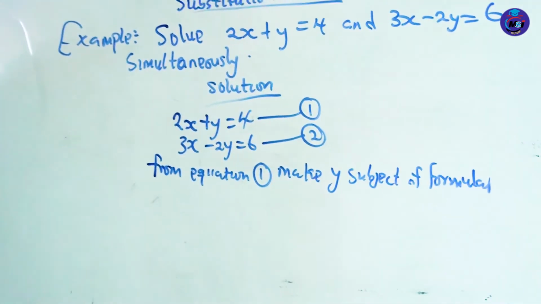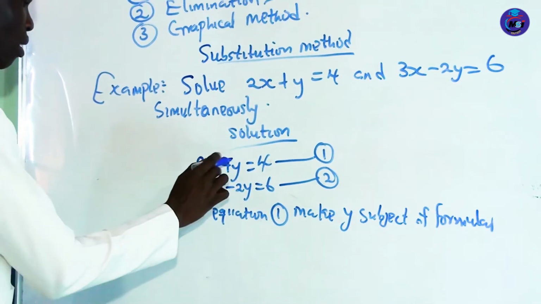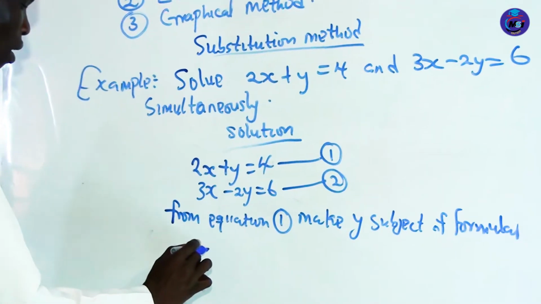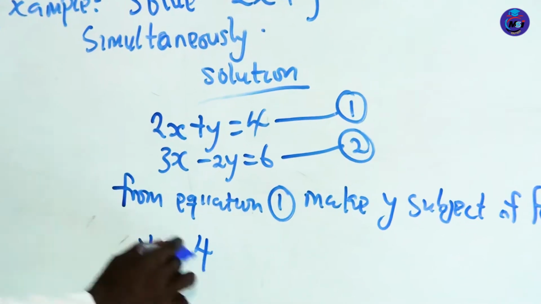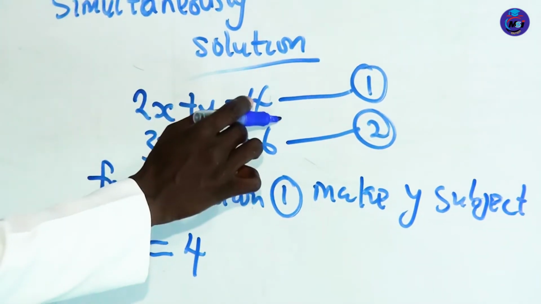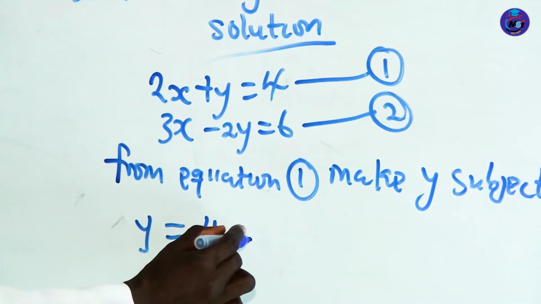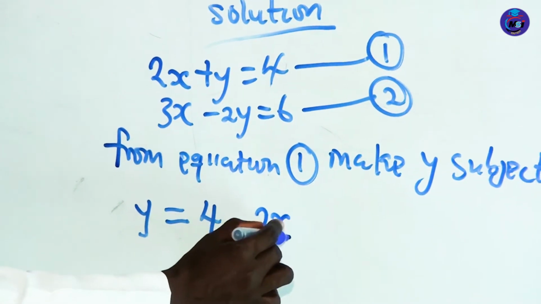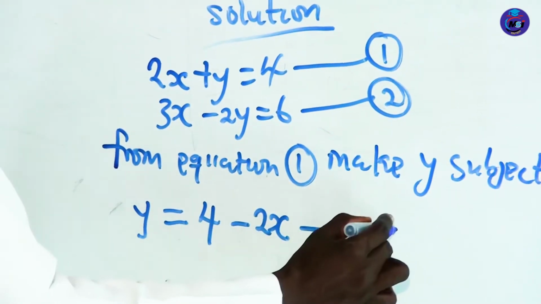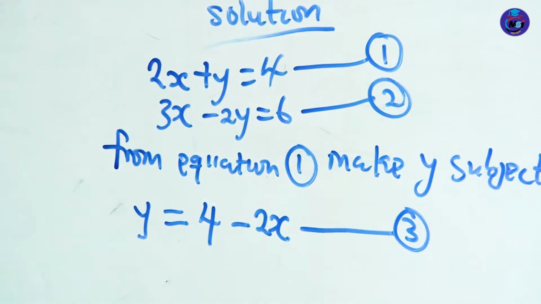How can we do that? Equation 1, y equals 4. This 2x will move to this side. It will turn to minus 2x. So you call this equation 3.